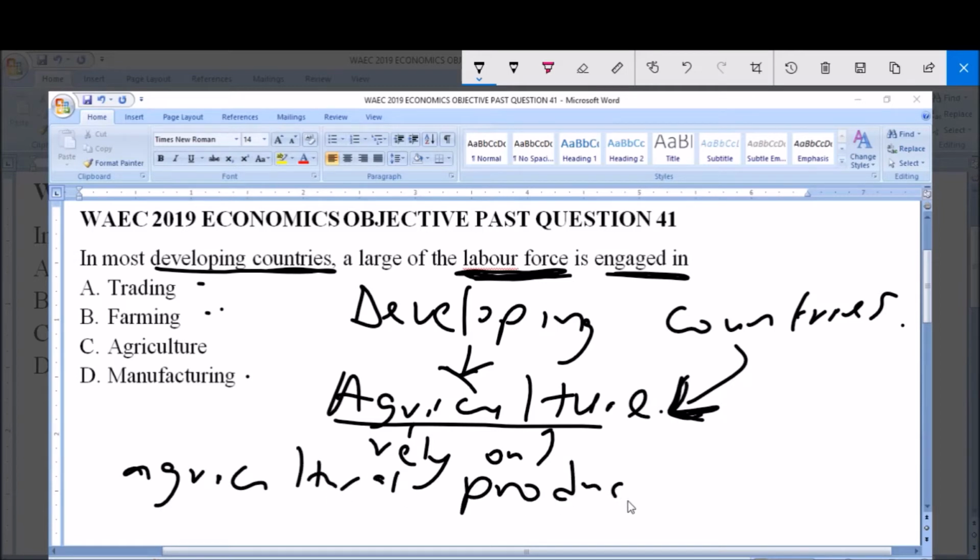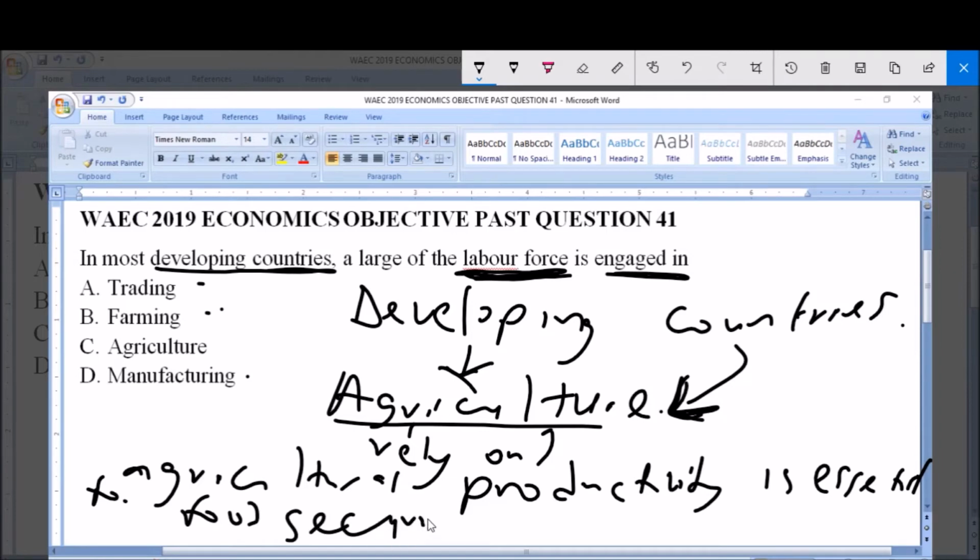productivity is essential for food security, and food security is usually a challenge associated with developing countries.